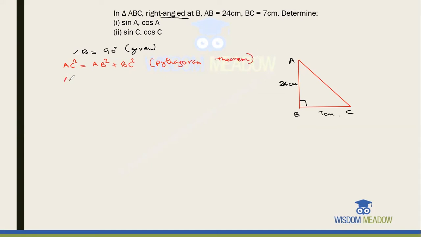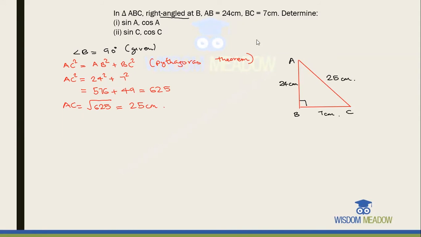So AC square we need to find, that is going to be 24 square plus 7 square, which is 24 square is 576 plus 49, that is 625. Now to solve for AC, that's going to be root of 625, and square root of 625 is going to be 25 centimeter. So we have solved for the unknown side, 25 centimeter.